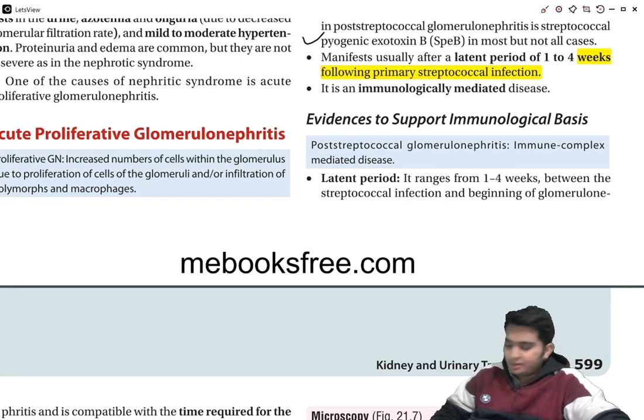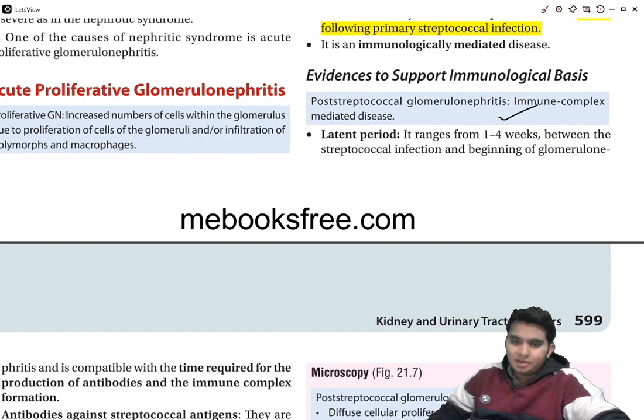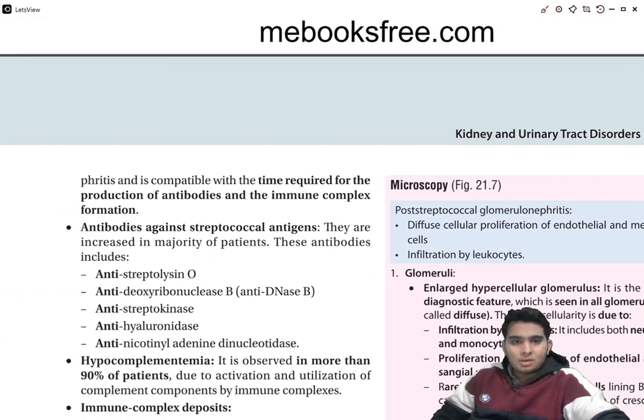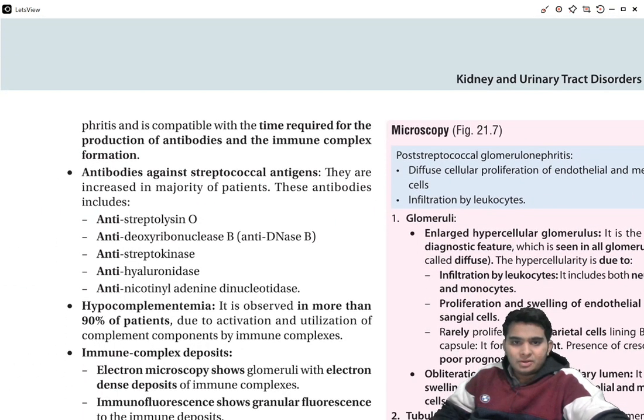Post-streptococcal glomerulonephritis is an immune complex mediated disease. Latent period, as we have discussed above, is 1 to 4 weeks. Now antibodies against streptococcal antigens are increased in the majority of patients.